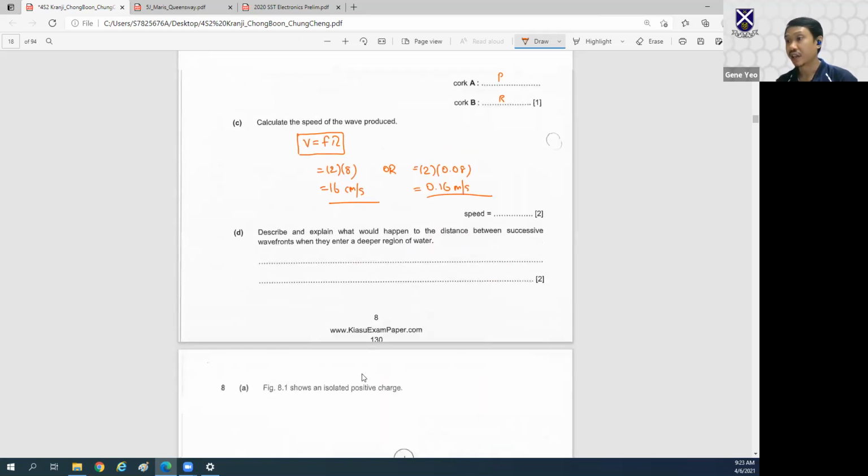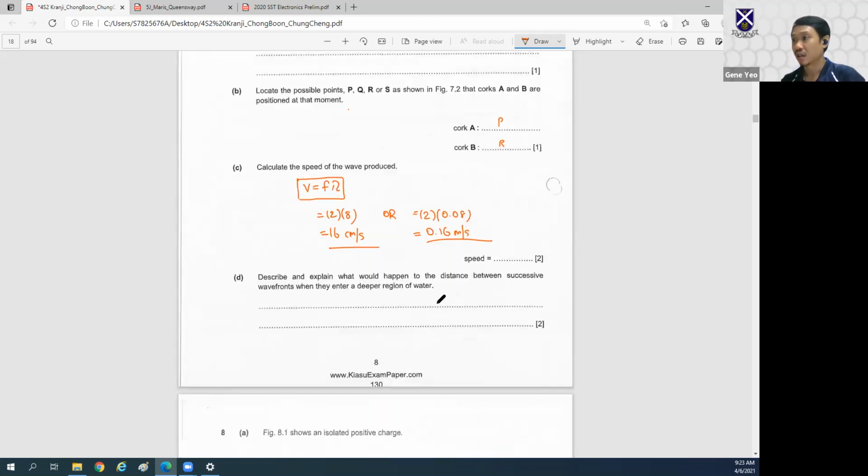Okay, next. When it enters a deeper region, the wave travels faster and the wavelengths will be longer. So two things will happen. Speed increases, wavelength increases.